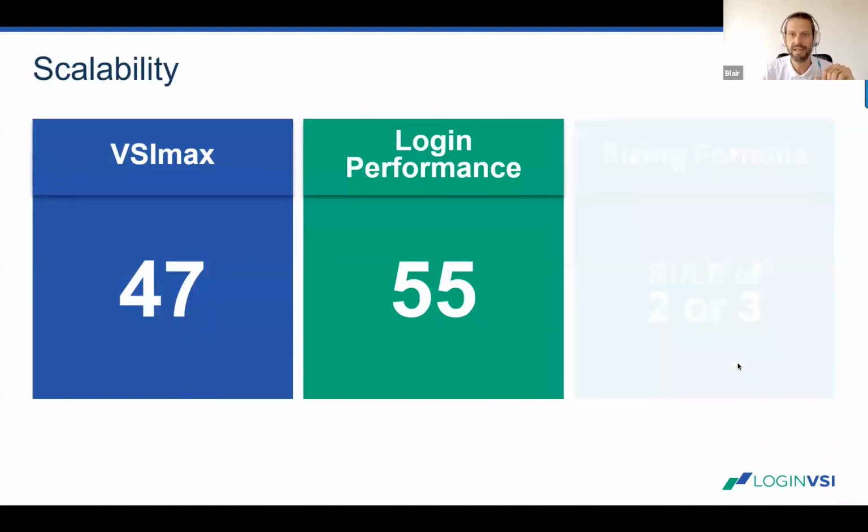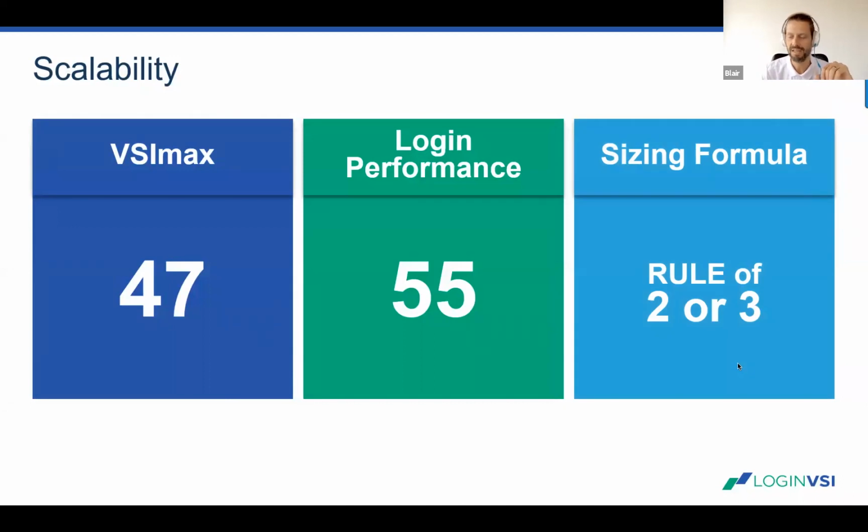So if we look at a sizing formula to start with, and again, this guidance is going to change depending on whether you have other applications installed, what kind of users are being used in your environment. All of this can change. But it's really good to have a place to start. And I feel like a sizing formula that we have here is around a rule of 2 or 3, but no more than 4 in this case.